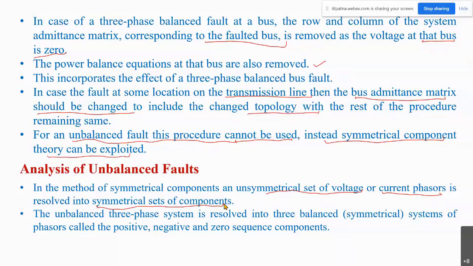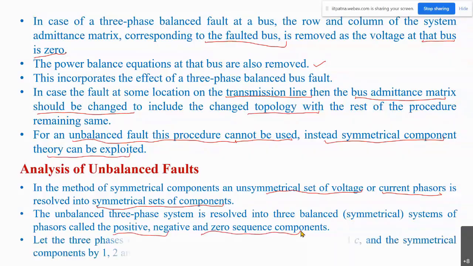The unbalanced three-phase system is resolved into balanced systems called positive, negative, and zero sequence components, represented by ABC. Let us define an operator a.